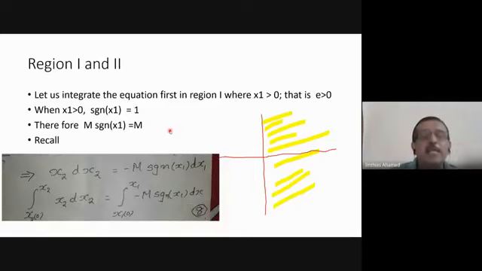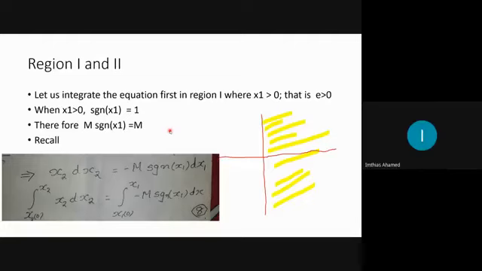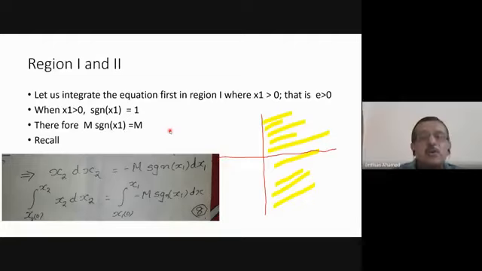Recall equation 8: integral x2 dx2 is equal to integral minus m signum of x1 dx1. So this m signum of x1 will become m. So what will be the new equation, Aditya? For region 1, what will be the equation?